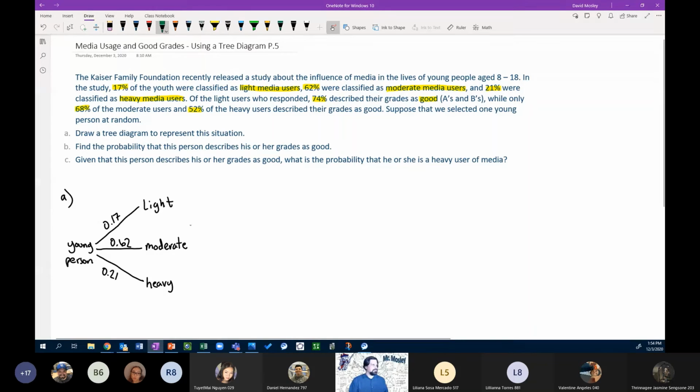Let's go green. Right, so there's 2 branches coming off of each of these items. Right, we can have good or bad.